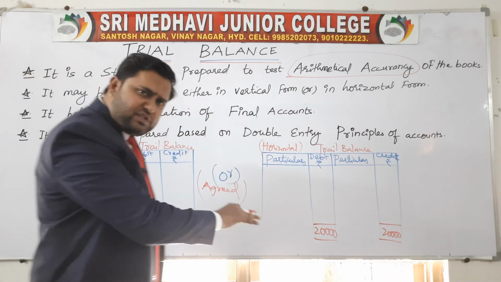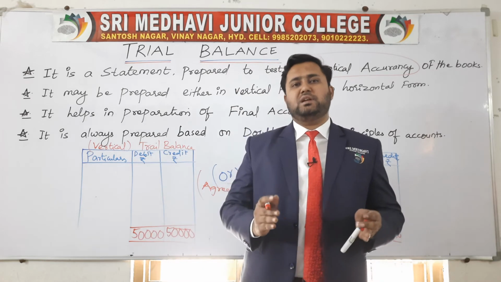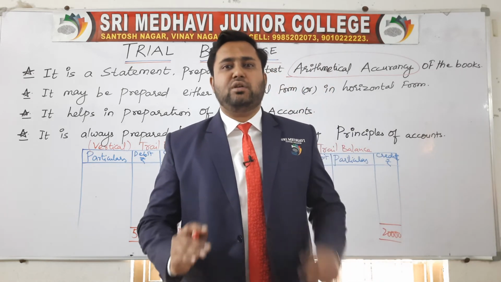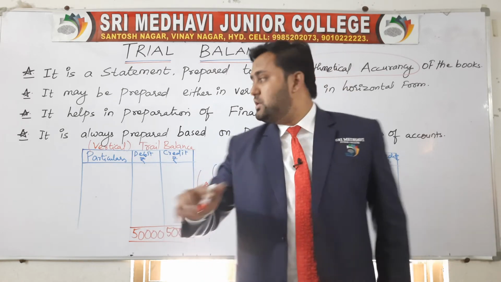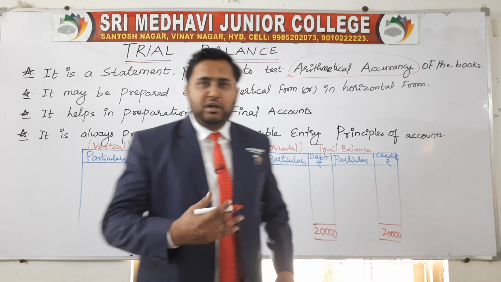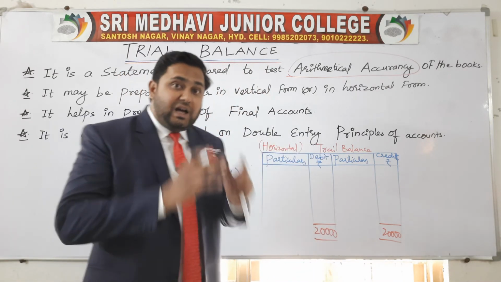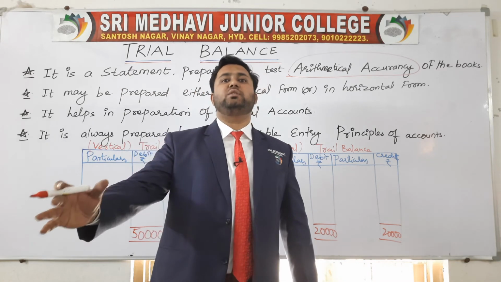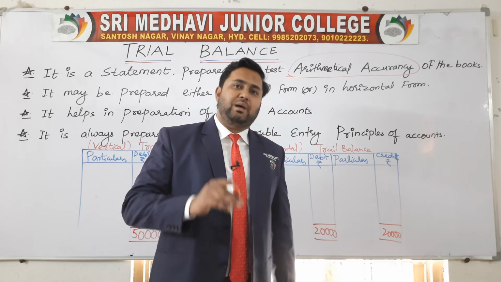And with the help of this trial balance, the final account is going to be prepared. Final account is nothing but the financial statement of a business organization. So the final account is prepared on the basis of trial balance, whether vertical or horizontal. How do you know that your trial balance is perfect?